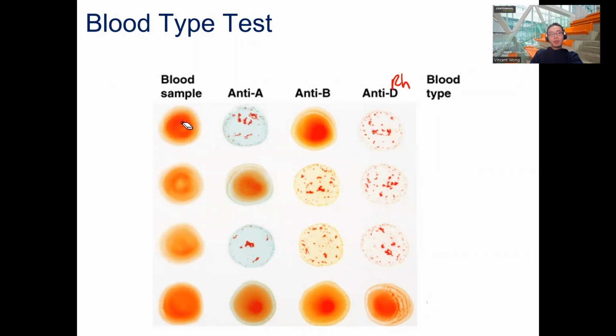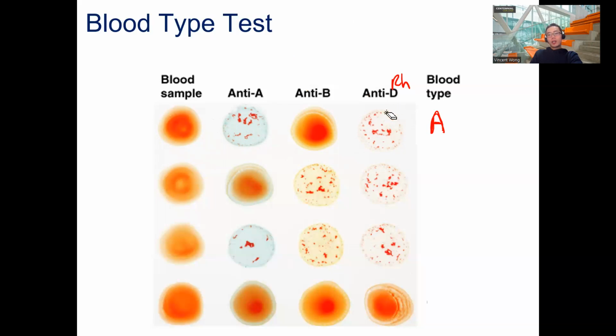The blood sample reacted with antibody A, which means the blood is going to have A antigen on it. Okay. It did not clump with antibody B. That means there is no reaction with the antibodies, and that means there is no B on your red cell.